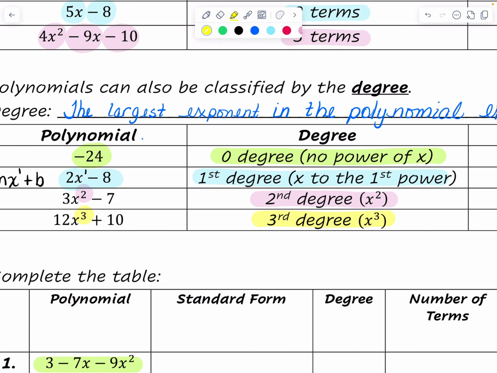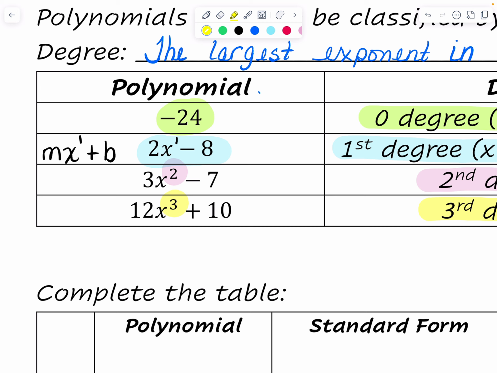Now, let me give you an example of one where it's out of order. So if I had, let's say, 4x plus 7x squared minus 8, and then plus 3x to the third. What I'm going to be looking at is all the exponents.